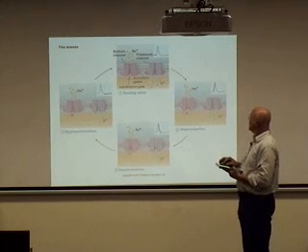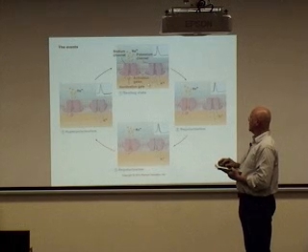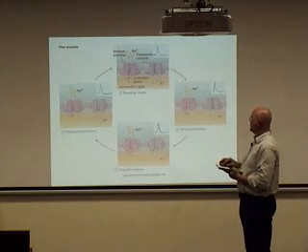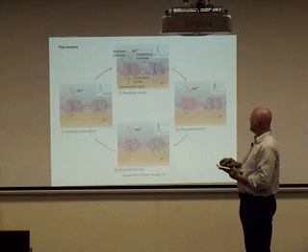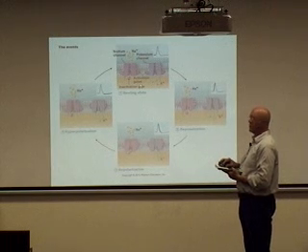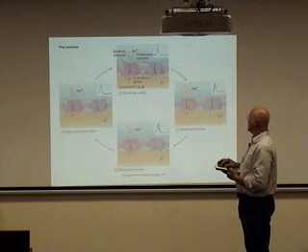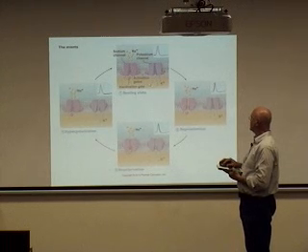Now notice here we're beginning to look at the sodium and potassium gates. Here is a sodium gate, and here is a potassium gate. And at rest, both of those gates are closed. It's just the leaky channels that are constantly open that create the resting membrane potential.